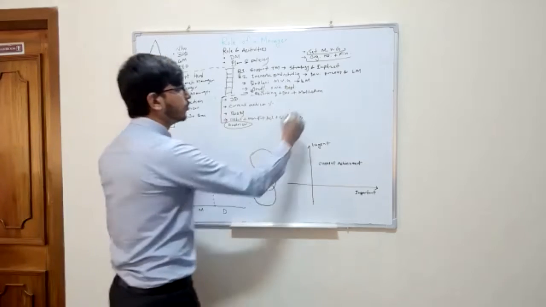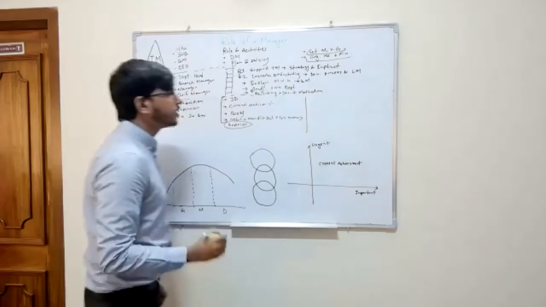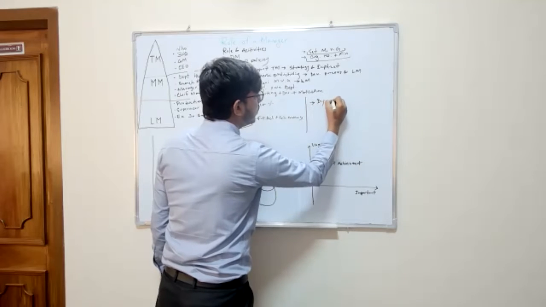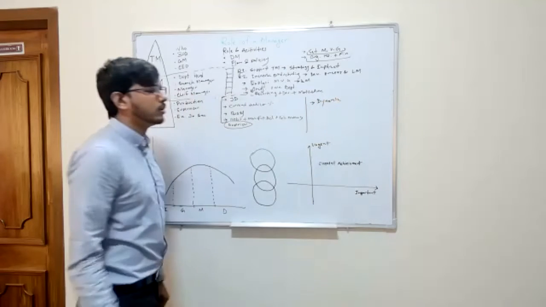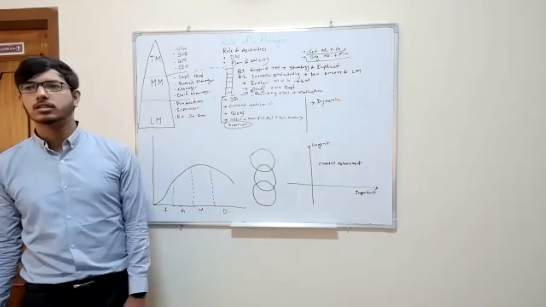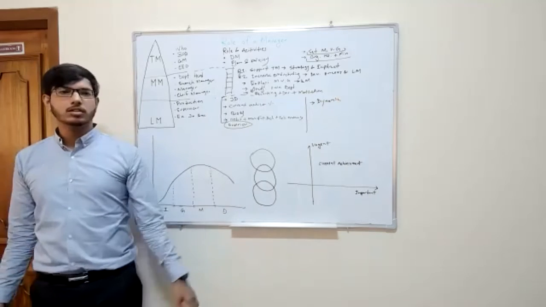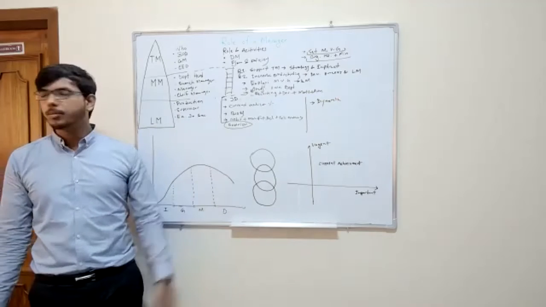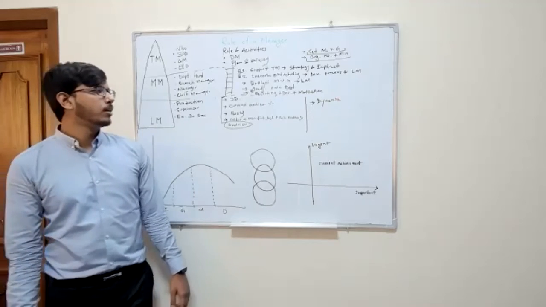So most of the time, we see that the role of middle management is very dynamic. They have to take several kinds of decisions, and their role is not as limited as lower management. They have no specific job description.